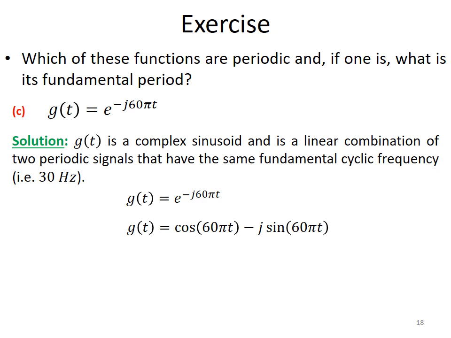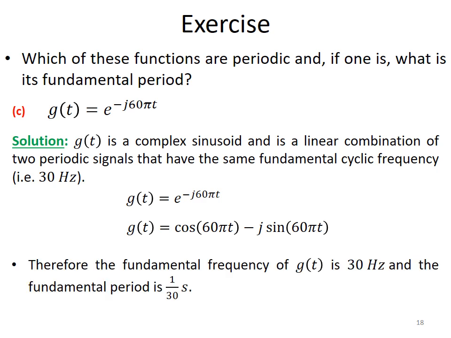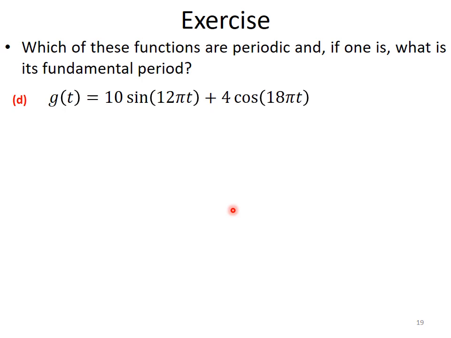Now both of these components have the same frequency, which is 30 hertz. So the fundamental frequency of this signal is 30 hertz. It means the fundamental time period would be the reciprocal of 30 hertz, which is 1 upon 30. So this signal is periodic, with fundamental time period equal to 1 upon 30.